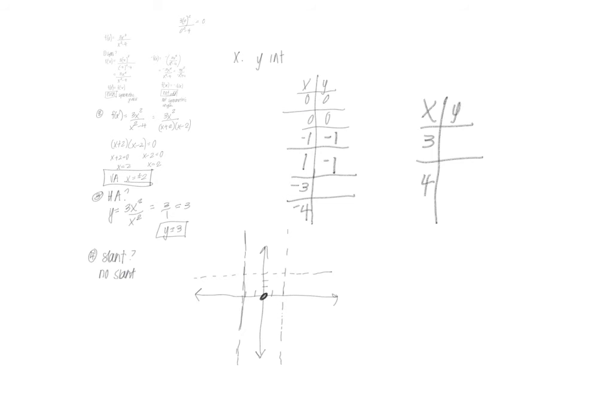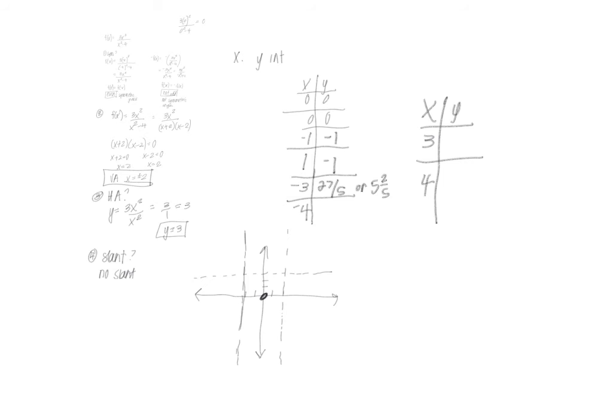When I plug -1 into the original function, I get -1. When I plug 1 into the original function, I get -1. When I plug -3 into the original function, it's 27 over 5, or you could think about that as 5 2/5.